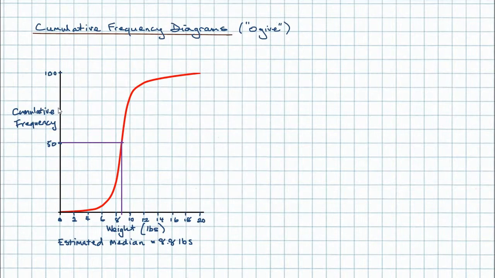If we draw a line from 75, so this is the upper quartile, and we draw down from the point of intersection with the curve, you can see again it's only going to be an estimate, but the upper quartile, which we can abbreviate as UQ, is going to be above 9, so I'm going to say that's 9.5. So we've got 9.5 pounds as the upper quartile.